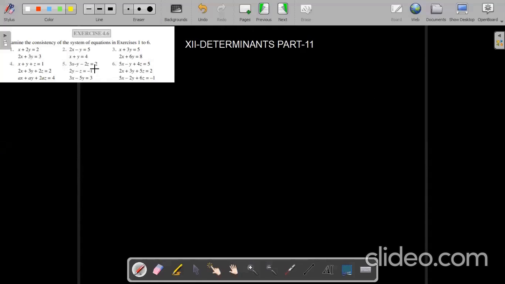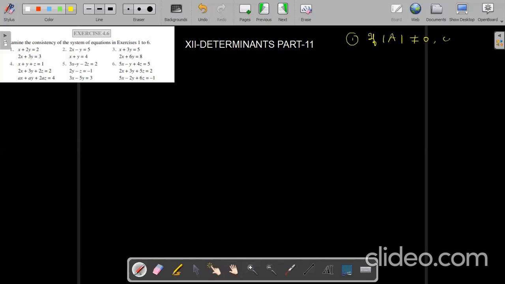We have to check the consistency of the system of equations. As you have seen, what we have to check, we will find first what will be our working procedure: determinant of A. So if determinant of A is not equal to 0, then the system is consistent.